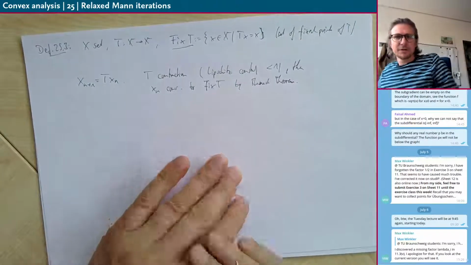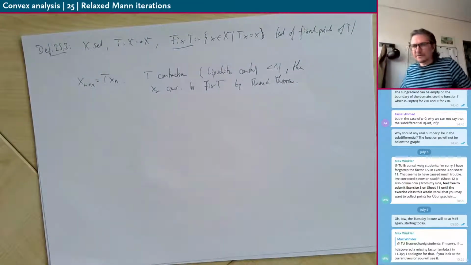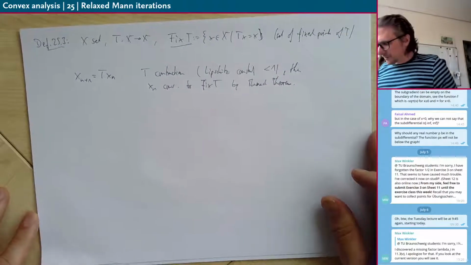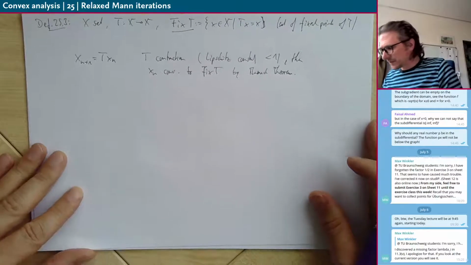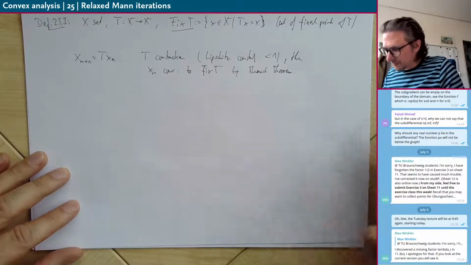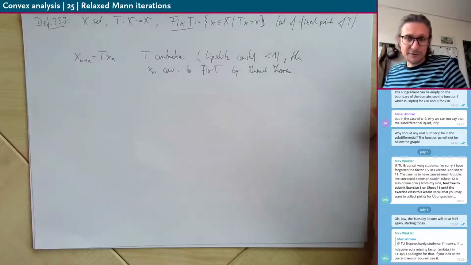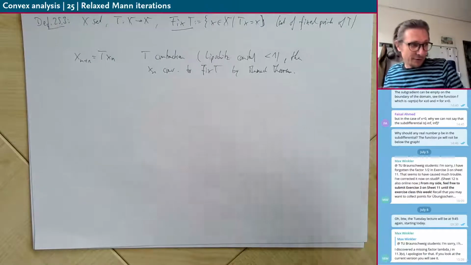So that's stuff you've probably learned in analysis 2 when it comes to a Picard iteration for ODEs, or even earlier when it comes to the inverse function theorem, implicit function theorem. But we could also use it here to solve monotone inclusions somehow, and we're going to do that.